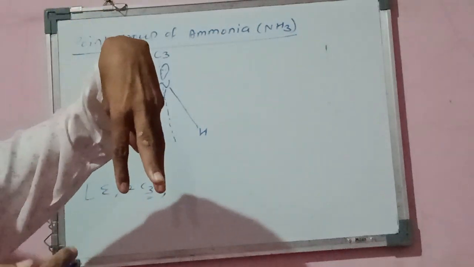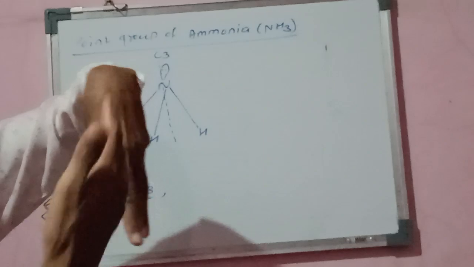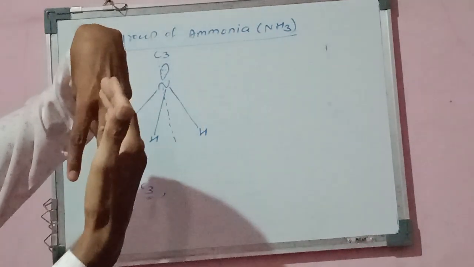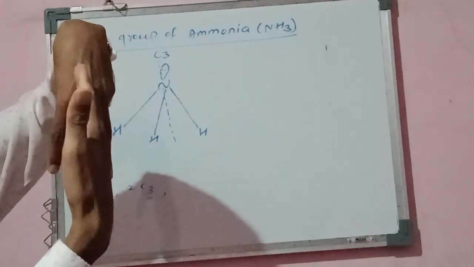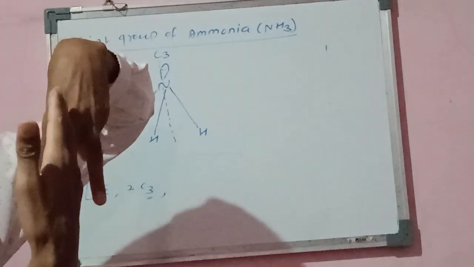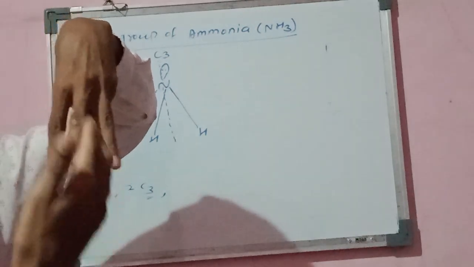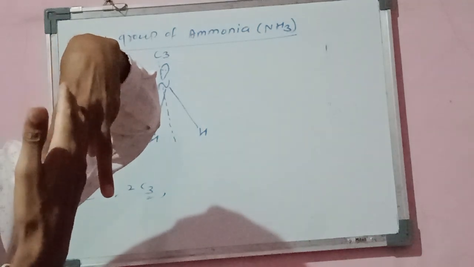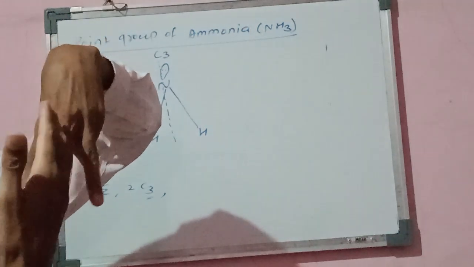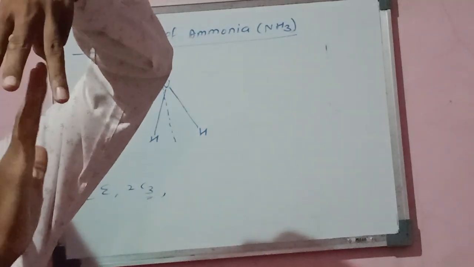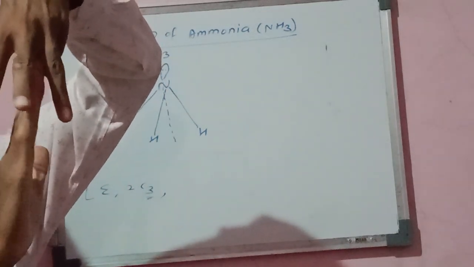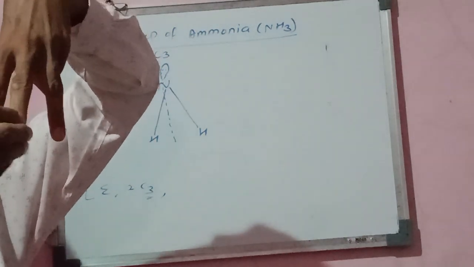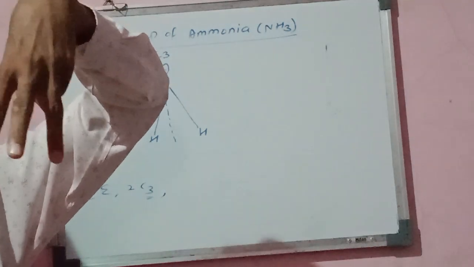If we pass the plane through nitrogen and a hydrogen bond, that type of plane, then the remaining part, here hydrogen, here also hydrogen, at equal distance, means having a plane of symmetry. If we pass the plane in this direction through this NH bond, then we will get two equal parts, means having a plane of symmetry.